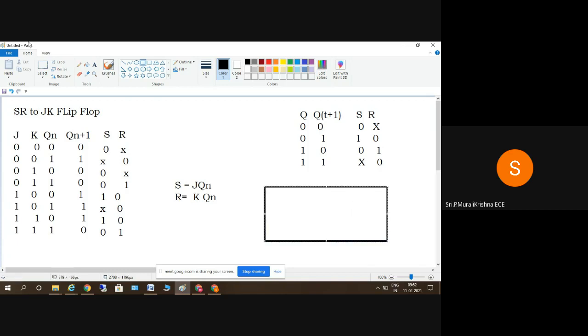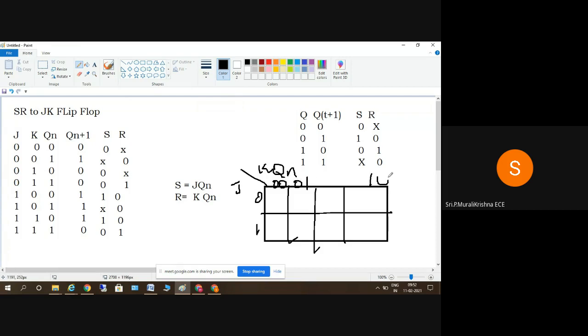Right. So it is like 8 variables. So 1, 2, 3. This is J, K, Q of N: 0, 1, 0, 0, 0, 1, 1, 0, 1, 1.